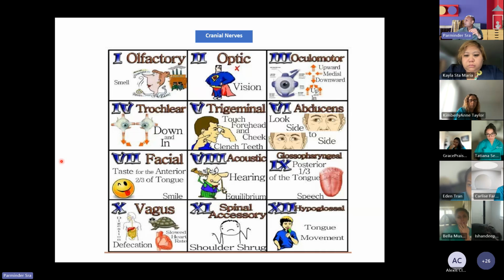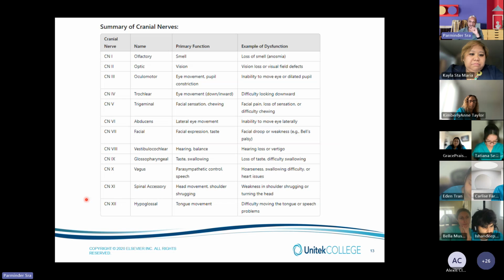Now, the last one, hypoglossal, which is your cranial nerve 12, controls the tongue movement. You can ask them to stick their tongue out, move it left to right, up, down. That's what the hypoglossal nerve controls. So these are your cranial nerves. And I have this table as well, and I can share it later with you, and you can print it in order to remember it for your future reference.